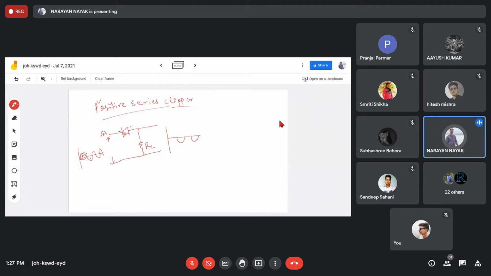Understood? Because it is a reverse bias condition during the positive half cycle. It will not conduct, so the diode is in off condition. So you will not get any signal as output here. No output will be available here.